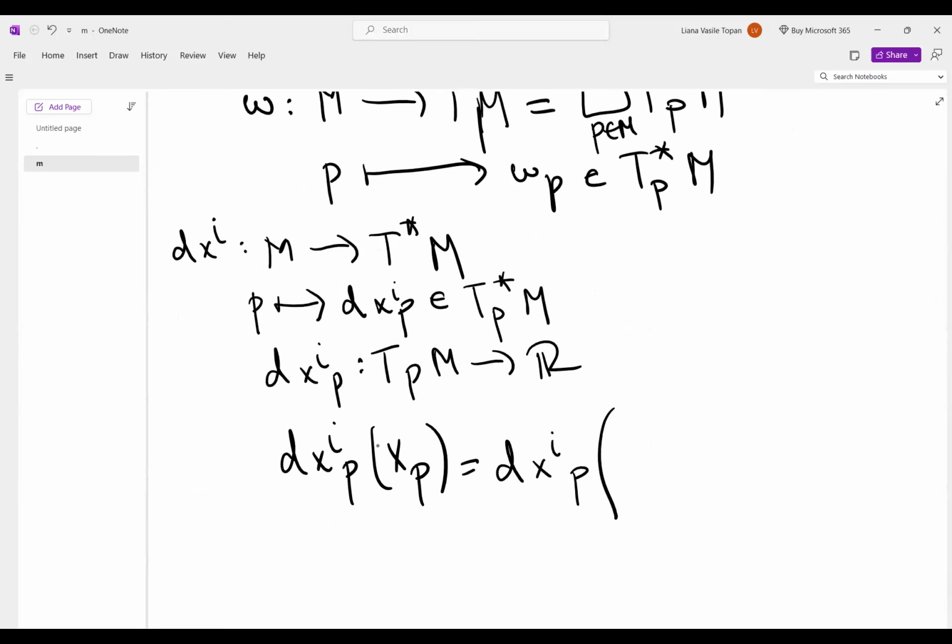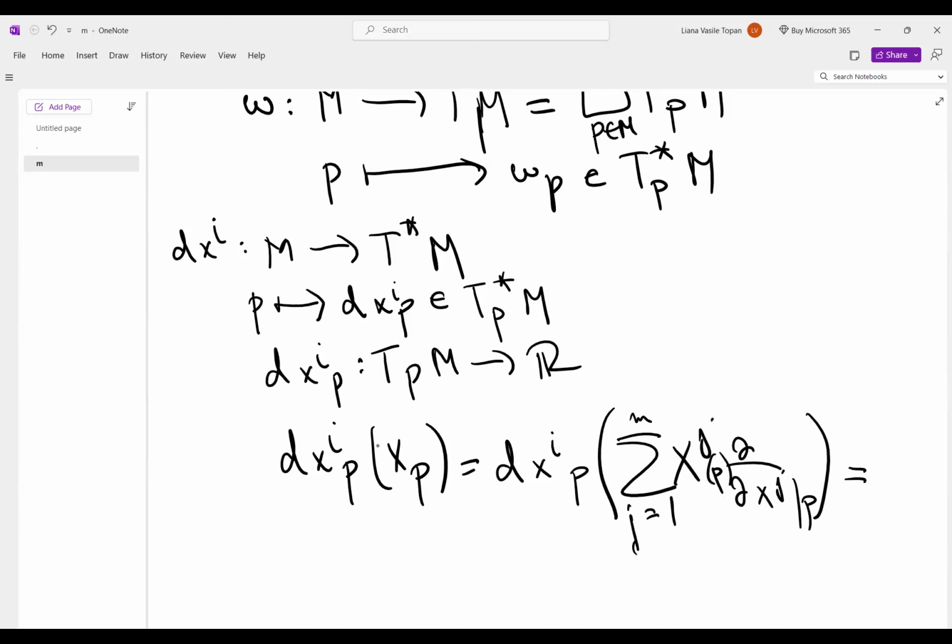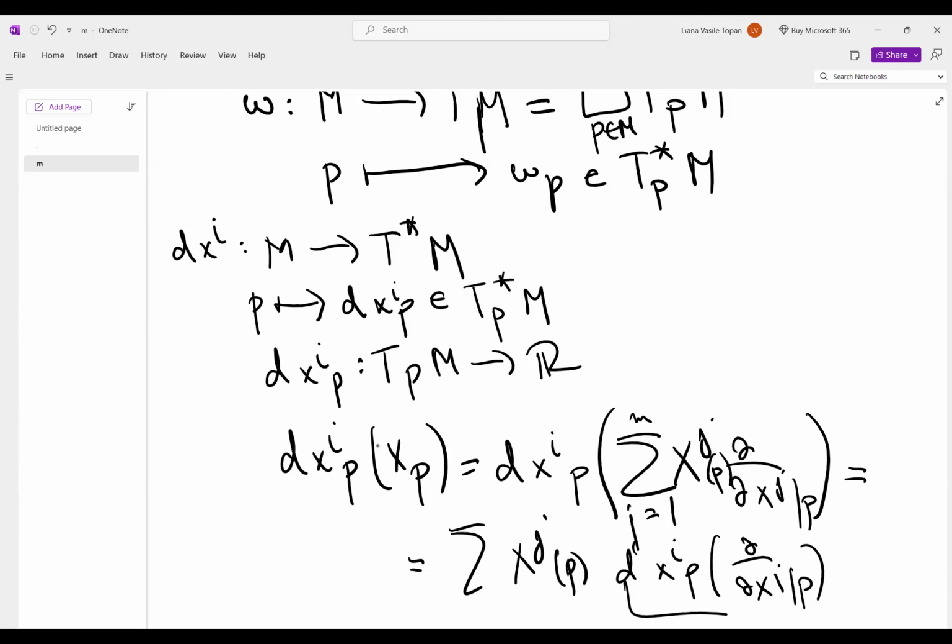dxi at P. Now, if you remember, a tangent vector at the point P to the manifold M can be written as a linear combination of the elements of the basis. The basis here are vectors of the form partial over partial xj at P. So we take j running from 1 to m, and then you have some coefficients which are functions of P. And this is simply the sum of xj at P times dxi at P applied on partial xj at P. But do you remember, this is the Kronecker symbol.